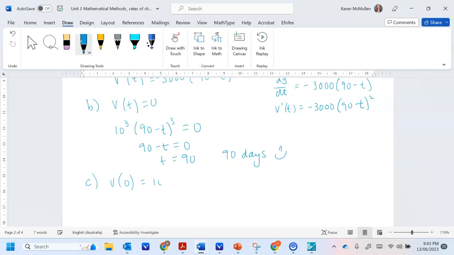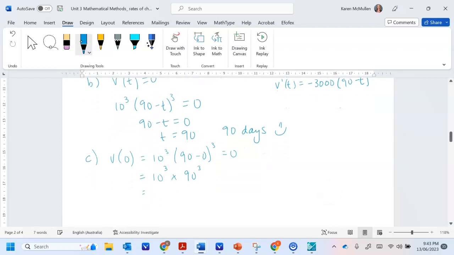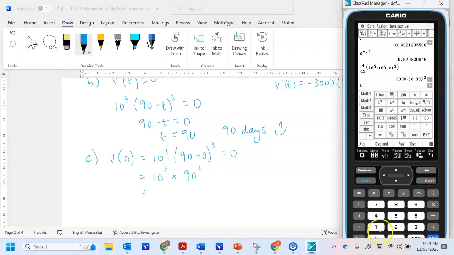We're just substituting in t equals 0. So we've got 10 cubed times 90 cubed. You probably do this on the calculator. You can do 10 times 90 and then cube that, but let's just do that on the calculator.